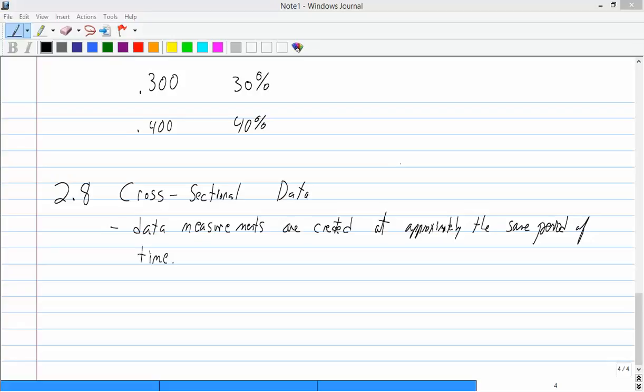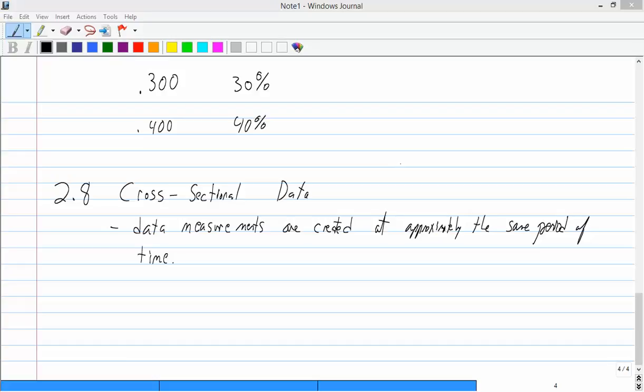Your book goes through an example. It says, consider the life expectancy at birth in the year 2000 for selected countries. And the data is given in a table.